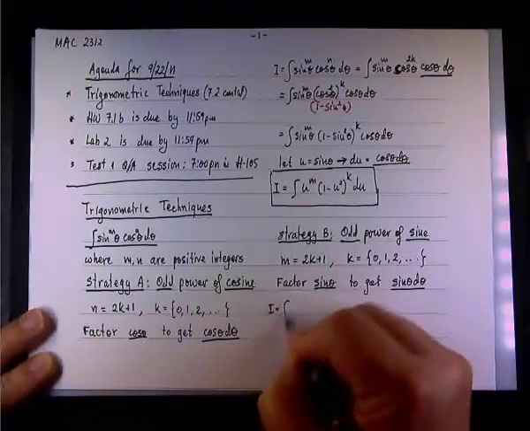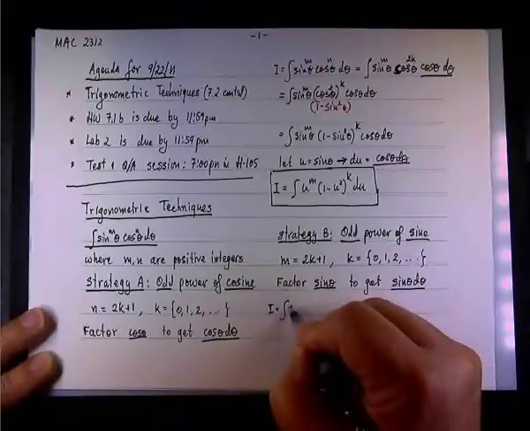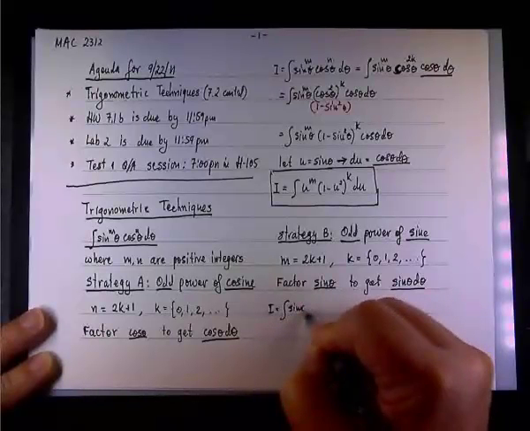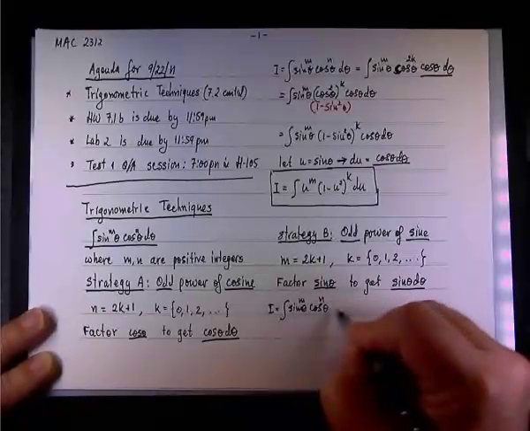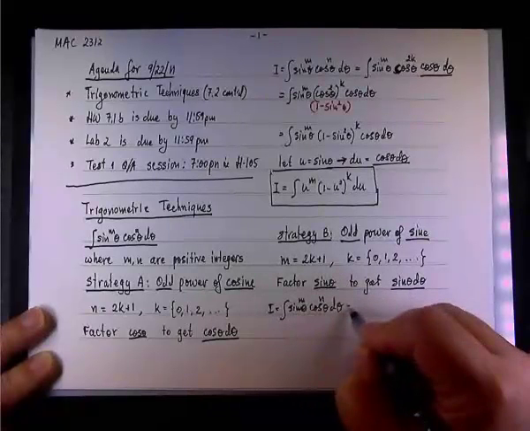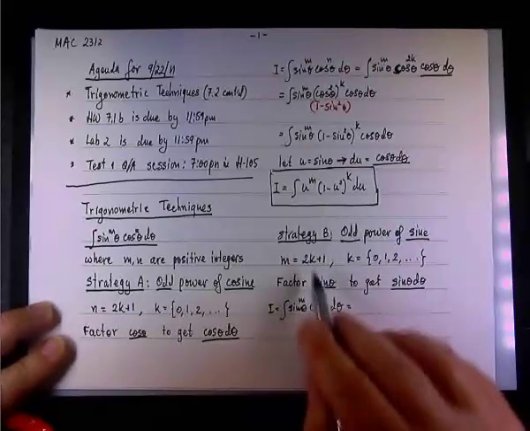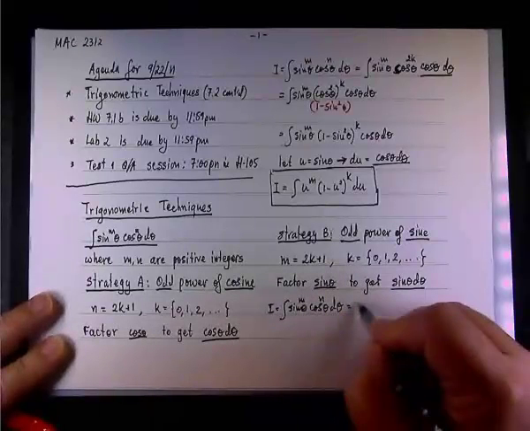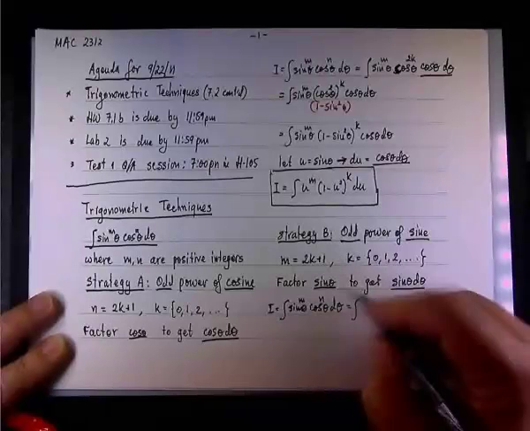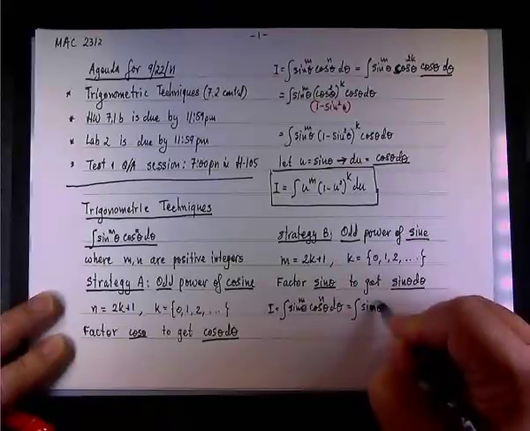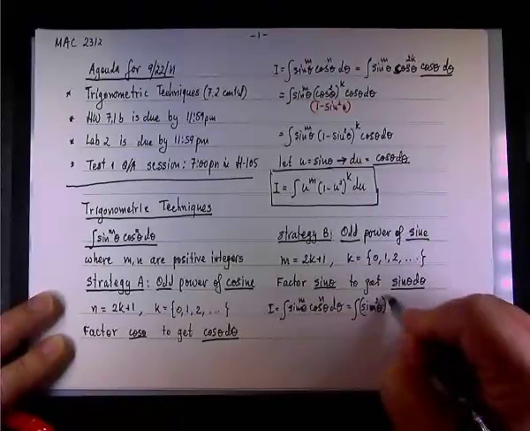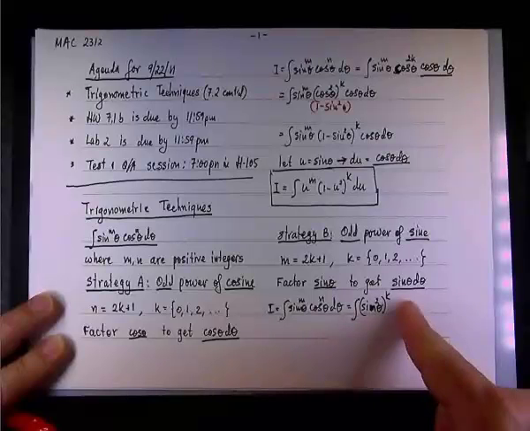We start with our integral I, as before, will be the integral of sine theta to the m power, cosine theta to the n power d theta, and we know that m equals 2k plus 1, so we can follow the same idea and say this will be the sine of theta squared to the power of k.